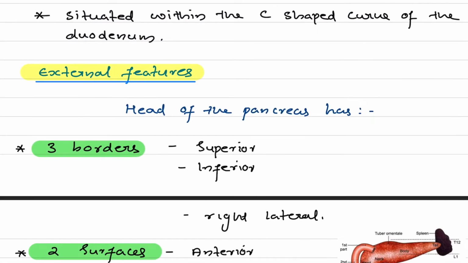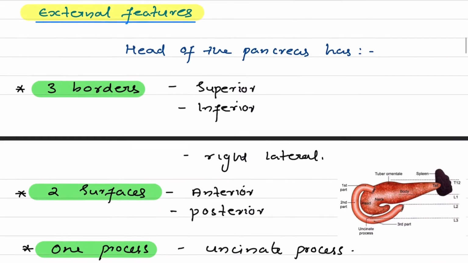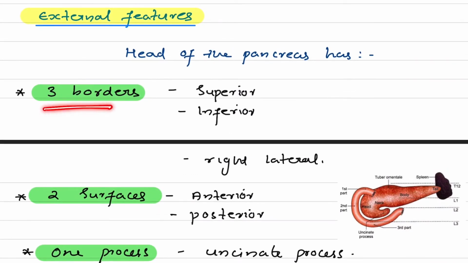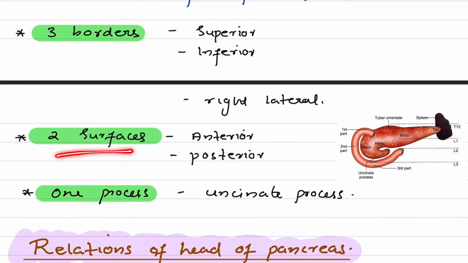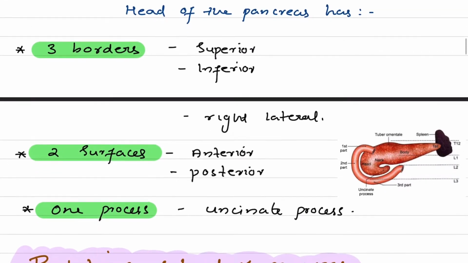Next, we'll discuss the external features of the head of pancreas. The head of pancreas has 3 borders, 2 surfaces and 1 process. What are the borders? We have superior border and inferior border. This is your head. So this is your superior border, this is your inferior border, and we have the right lateral border.